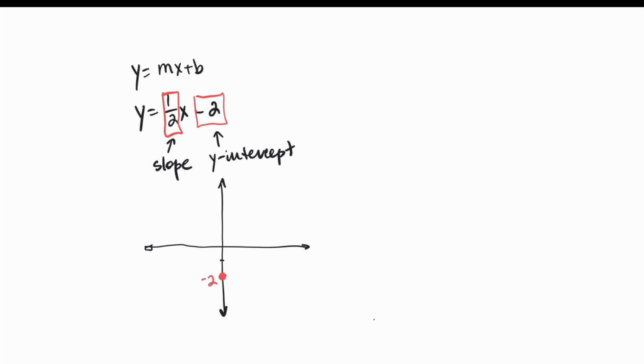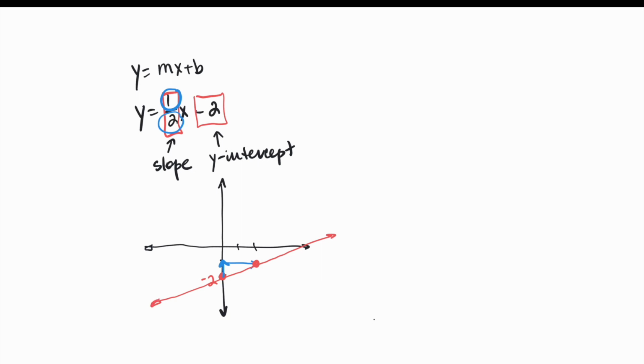From this point, using our slope, we will travel 1 unit up because the top of the slope is 1, and 2 units to the right because the bottom of the slope is 2. I end up at this point here. Now I'm ready to graph my line by connecting the 2 points that I created.